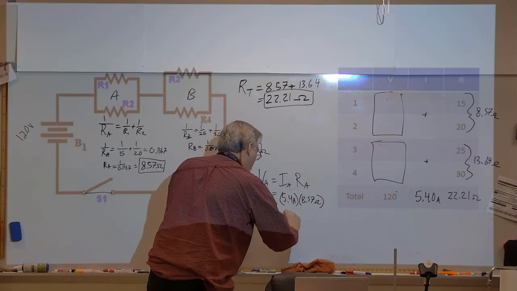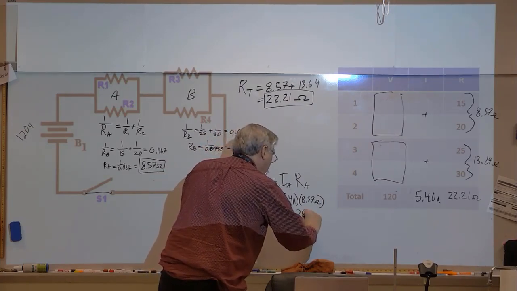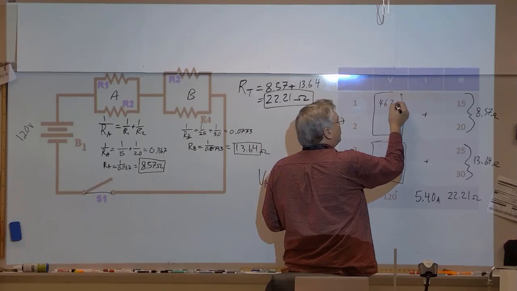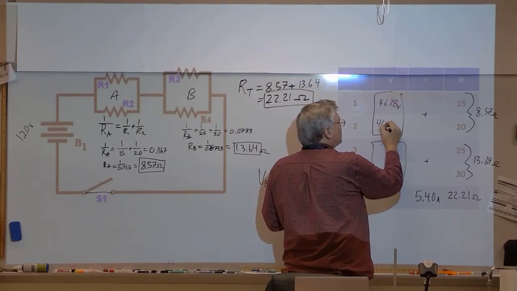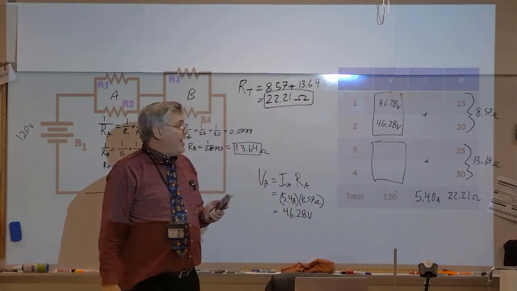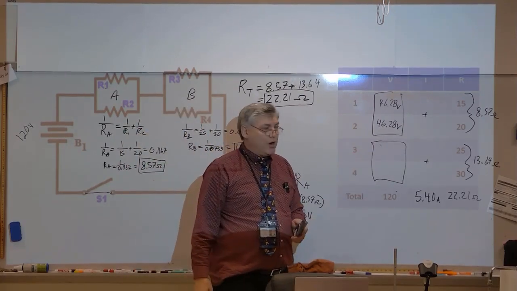So that's going to be equal to 46.28 volts. That should, if I subtract from 120, give me the voltage at the other point.